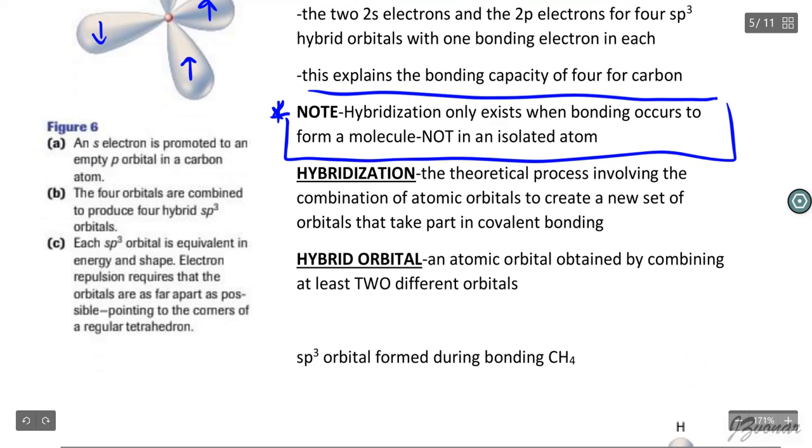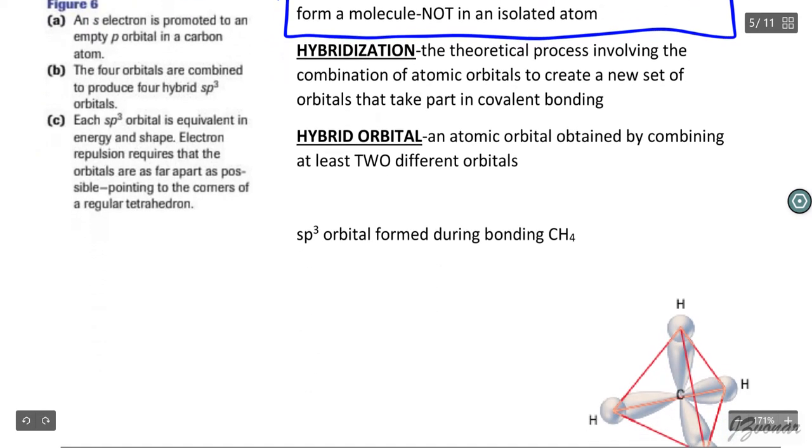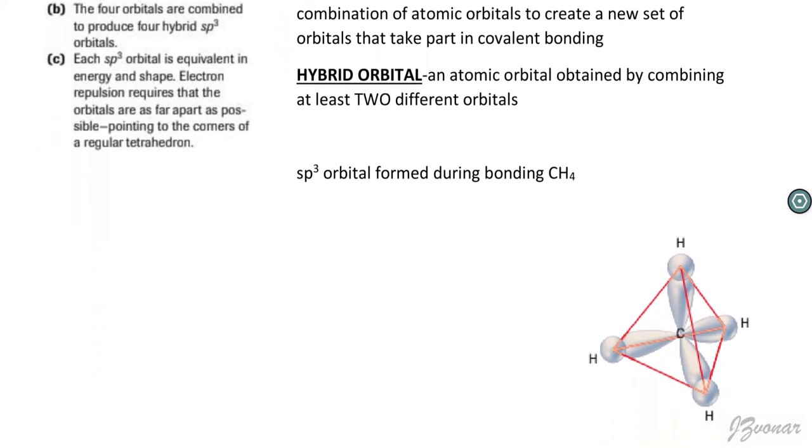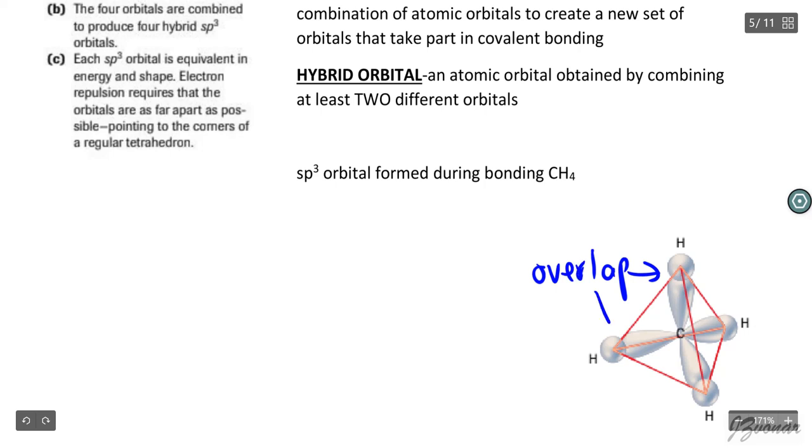And so if we take a look at this diagram at the very bottom, it shows how the sp3 hybrid orbitals of carbon are involved in the bonds. Okay, we see the overlap taking place here. We've got an overlap in each one of these.